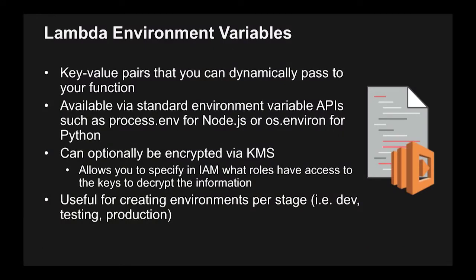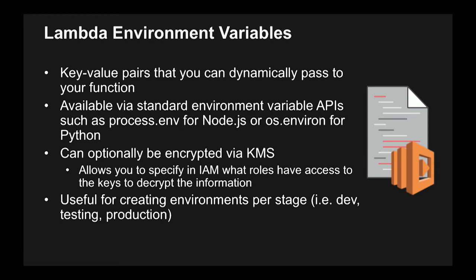One of the other things you want to think about when you're thinking about multiple environments is making use of variables. So inside of Lambda, we support environment variables. These can be encrypted or not, depending on what it is that you're putting into them. And they're available for the function basically the same as any raw environment variable would be. So based on the language that you're using, you can just call them.